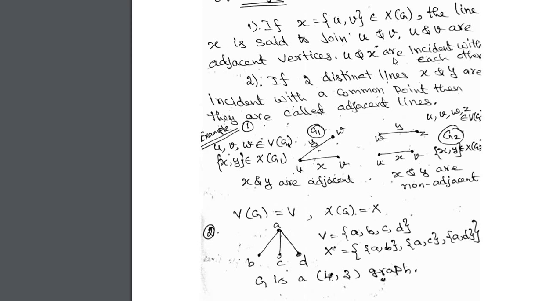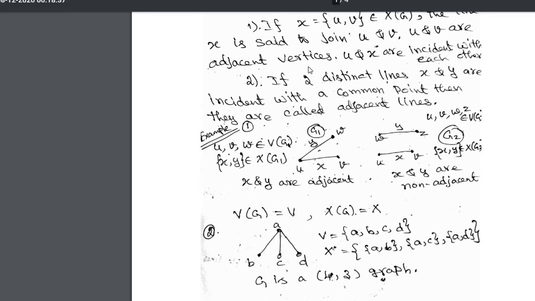So u and v are adjacent vertices if there is a line between them, and if two lines are incident with a common point, we call them adjacent lines. Now in this example you can easily understand this concept. So for the graph we are defining two sets, V of G and X of G; it is a graph G1, so V of G1, X of G1.